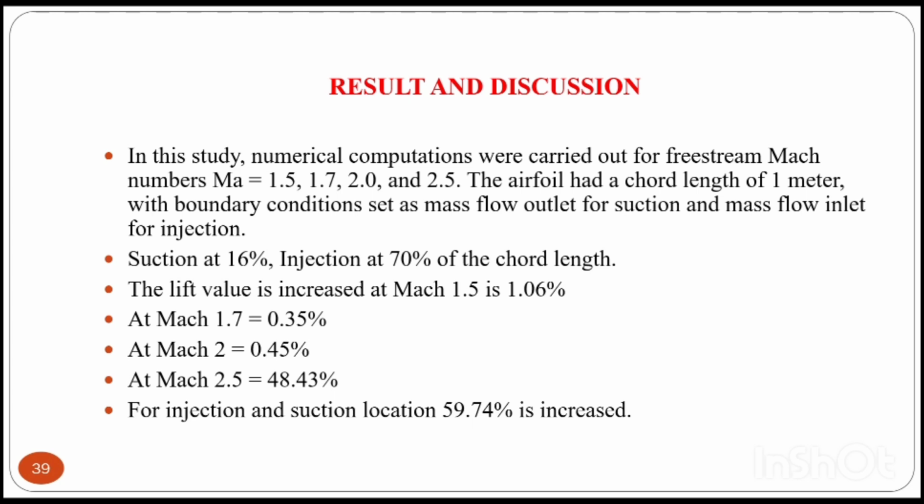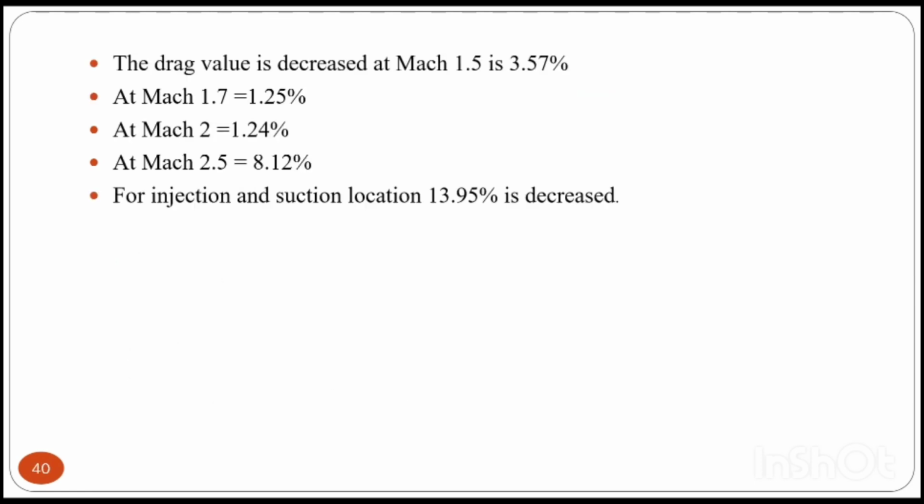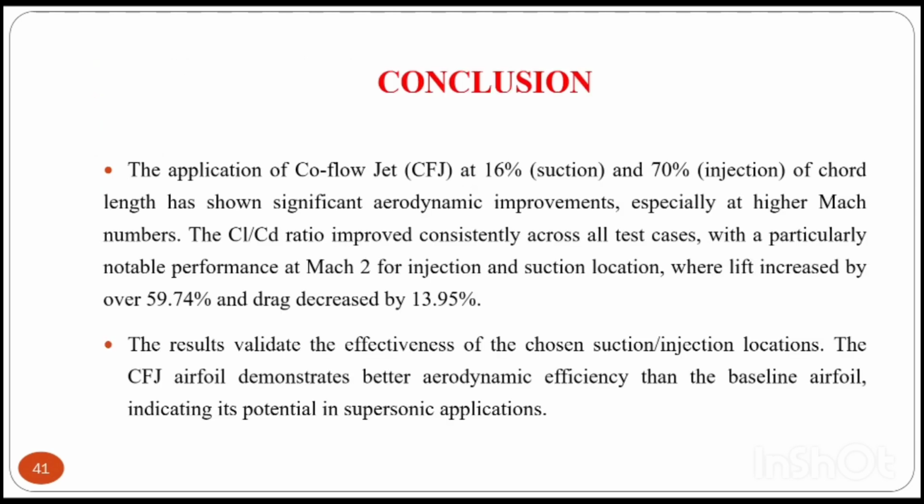The lift increase is 1.06% at Mach 1.5, 0.35% at 1.7, 0.45% at 2, and 48.43% at 2.5. The highest value is for the changed injection and suction location, where lift is increased by 59.74%. For drag, 13.95% is decreased. This is the highest value.